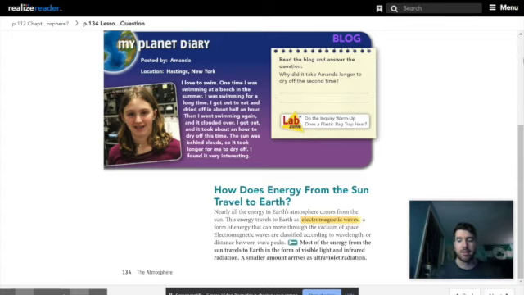Electromagnetic waves are classified according to wavelength, or the distance between wave peaks. Most of the energy from the sun travels to Earth in the form of visible light and infrared radiation. A smaller amount arrives as ultraviolet radiation. So in the next couple pages, we'll just go in depth a little bit more on each of the types of electromagnetic radiation that reach Earth.